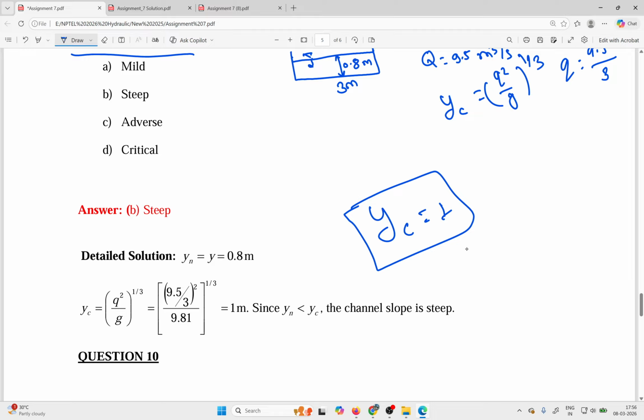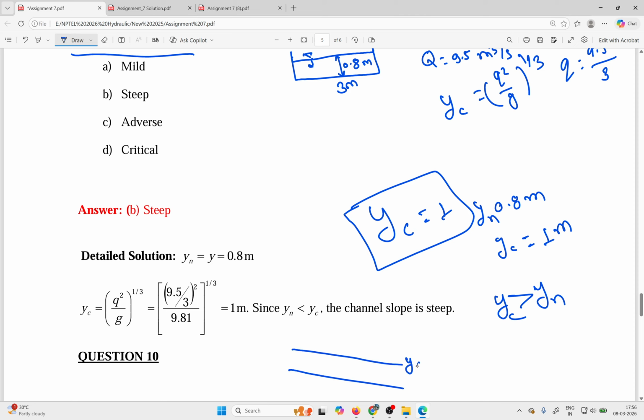Since in the question it is given, this value is 0.8 meter yn (normal depth), and your yc (critical depth) is how much, 1. So your yc is greater than yn. In such a situation, as I have explained already, in case of a steep slope, this is your yc and here is your yn.